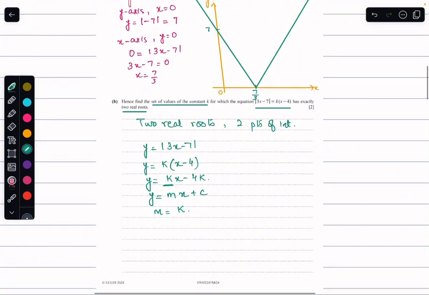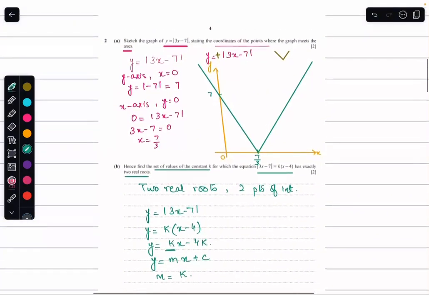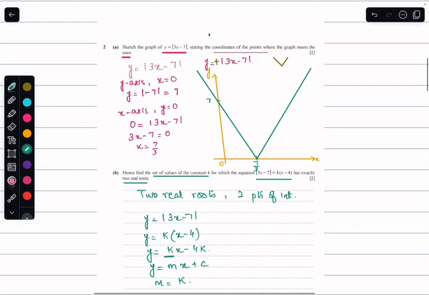Because we have to relate the absolute function to kx minus 4k, I should be knowing the gradient for 3x minus 7. For this absolute function, the gradient value is actually 3, but because of the modulus sign, it can be a plus 3 and it can also be a negative 3.